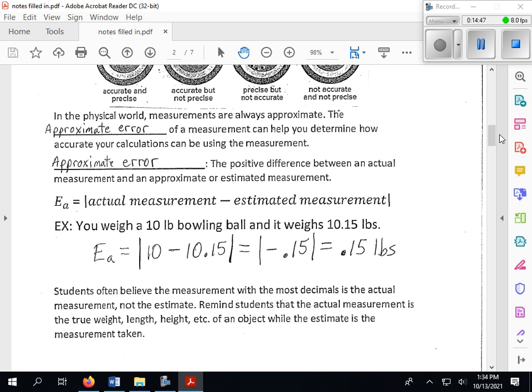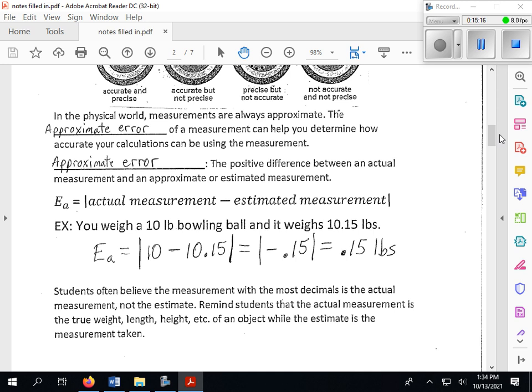All right. So here, an example I have. You weigh a 10-pound bowling ball. Right away, what do we know about that 10 pounds? That's the actual. And it weighed at 10.15 pounds. That's your estimated. So we subtract those two. What's 10 minus 10.15?